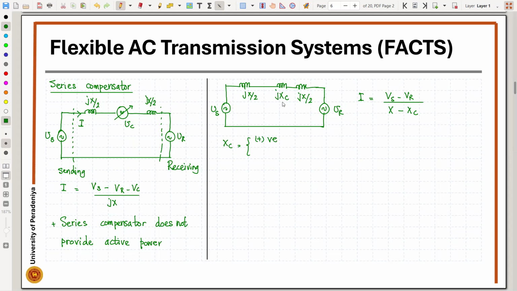If it is positive, it is going to be capacitive because we have the negative term here. If it is negative, then we are going to have an inductive element.